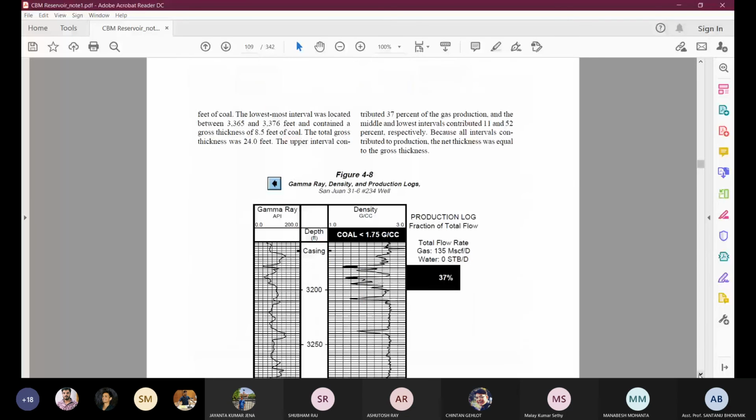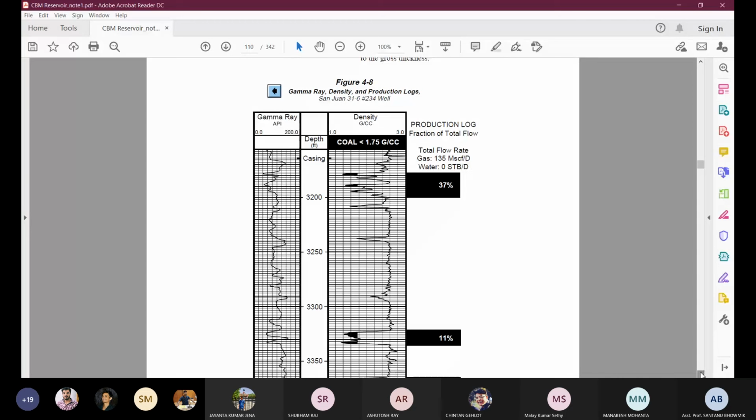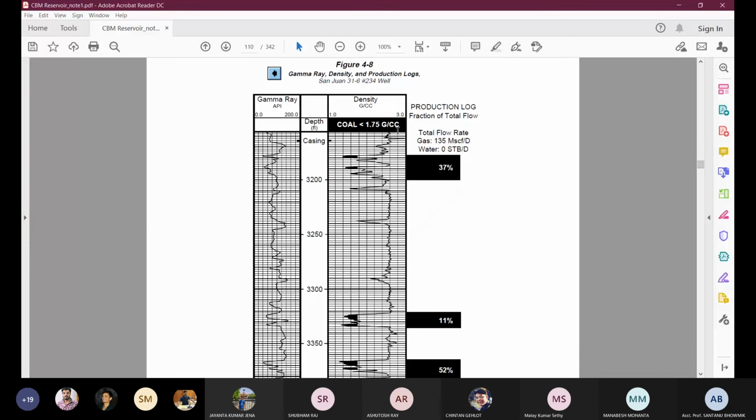So you can see this is the method they have prepared from the field study. They have taken the coal which is below 1.7 gram per cc, which is going to give the production log, so they get this type of signature. With the gamma ray signature they are going to estimate the density with the depth.